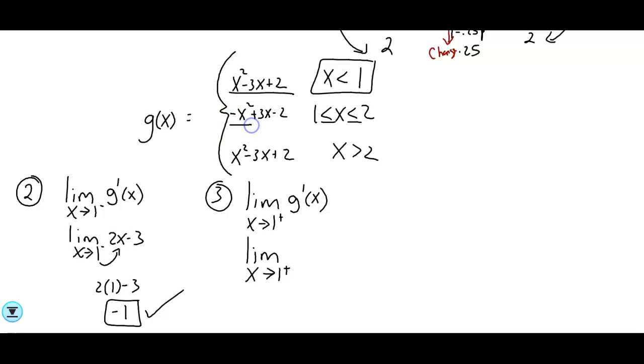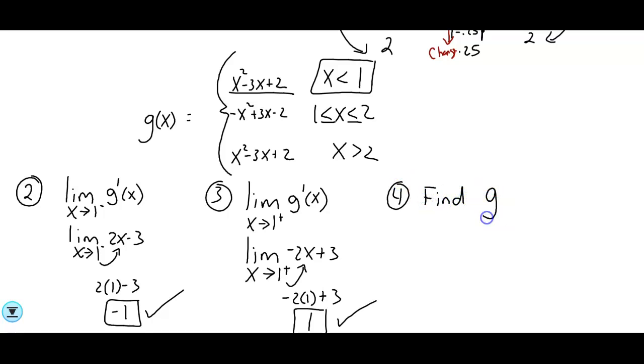But now since I want the derivative of that piece, it's going to look like this. The derivative of negative x squared will be negative 2x, and the derivative of positive 3x will be positive 3. And then we'll do our direct substitution once again. And now I end up with a positive slope. Okay? So as you guys can see, if I were to ask you guys this question then, find g prime of 1, what we would say is, well, that's basically asking what is the slope when x equals 1.